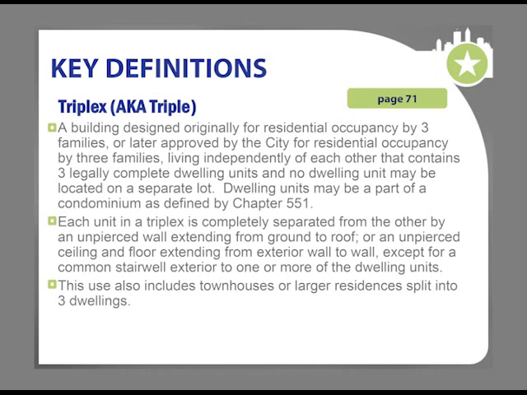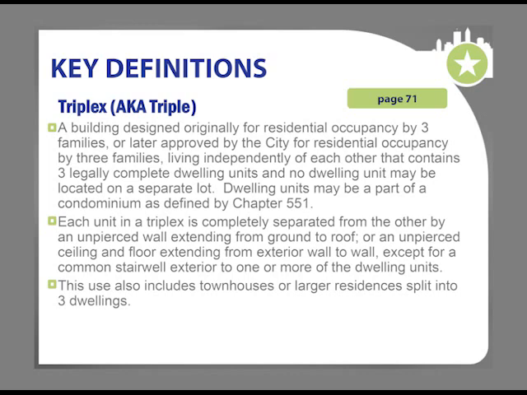The next key definition is a triplex, also known as a triple. And this is a building that's designed for 3 families, 3 dwelling units. Each legally complete dwelling unit is separated from the other, and none of the 3 units are located on a separate lot. All 3 units must be located on a single lot to qualify under the definition of a triplex.